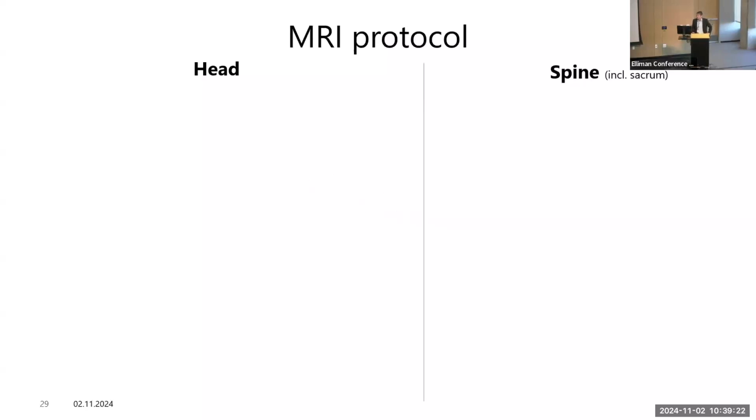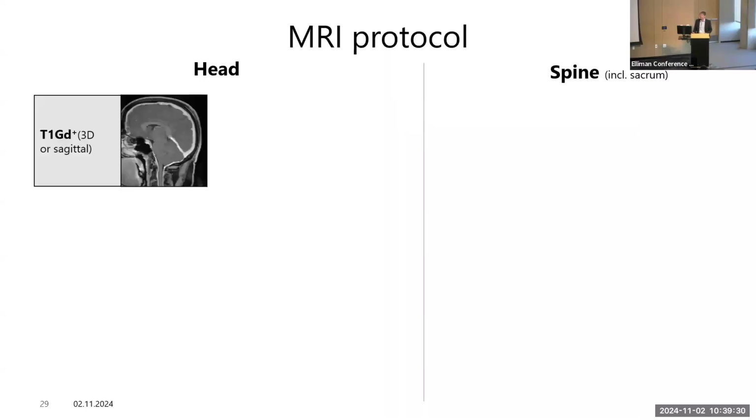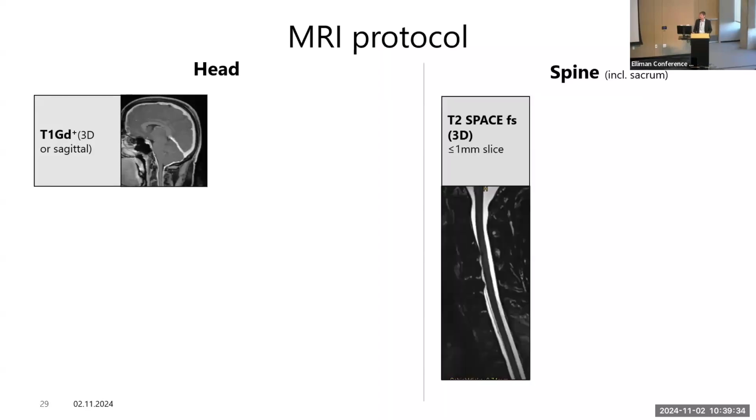When you would ask me what is the absolute minimum to perform to make the diagnosis of SIH, I would probably say the T1 gadolinium of the head and the T2 SPACE of the entire spine is enough to make the diagnosis of SIH.